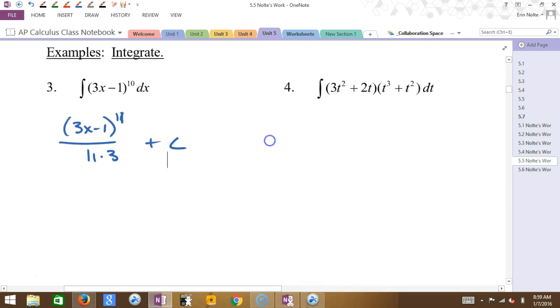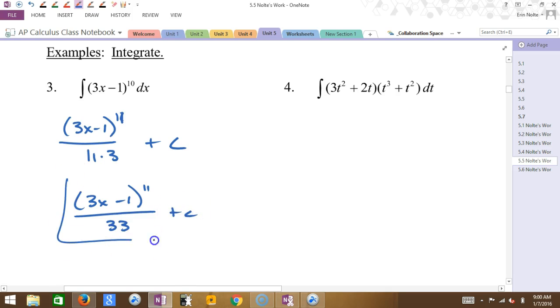So would everybody agree that the integral of this is 3x minus 1 to the 11th all over 33 plus c? Good there?